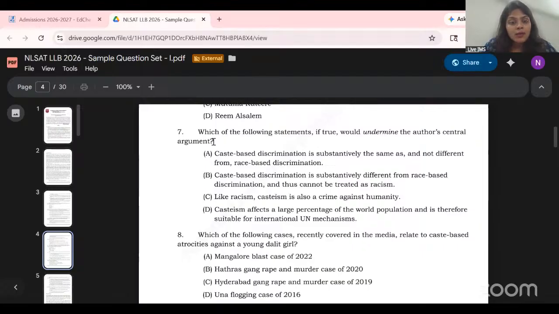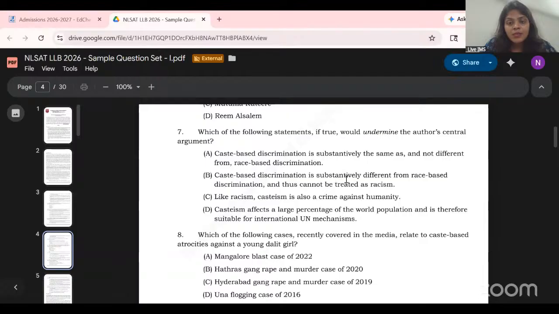Okay, moving to the seventh question. It is talking about which of the following statements, if true, would undermine the author's central argument. We have identified the author's central argument. Now it is talking about undermining it, so you have to read it very carefully. Option A: caste-based discrimination is substantively the same as and not different from race-based discrimination.